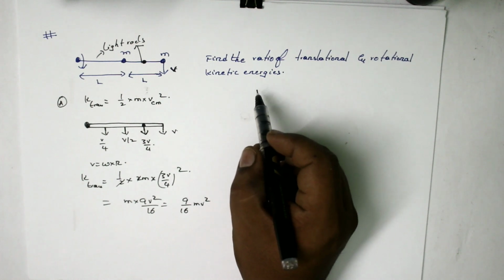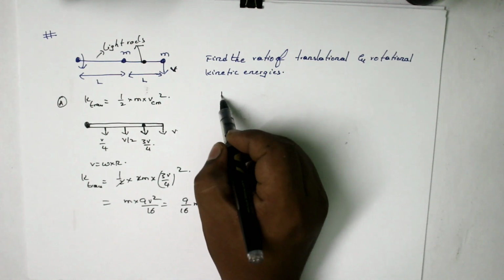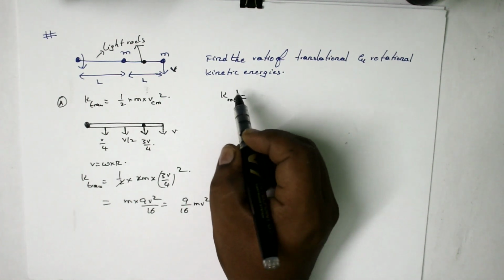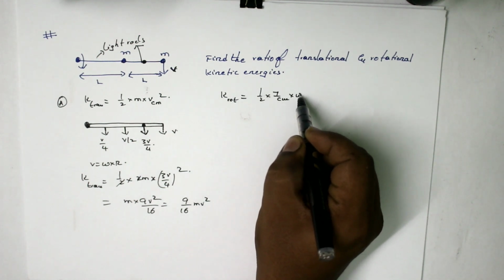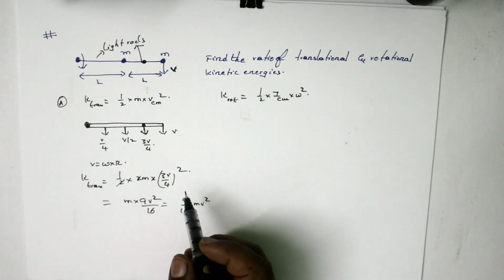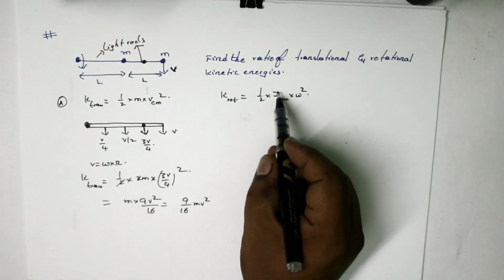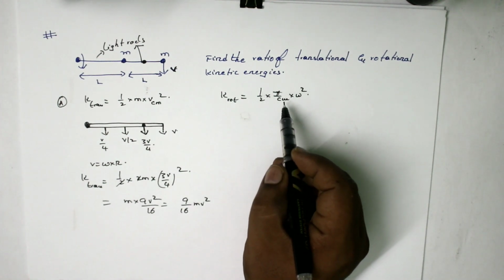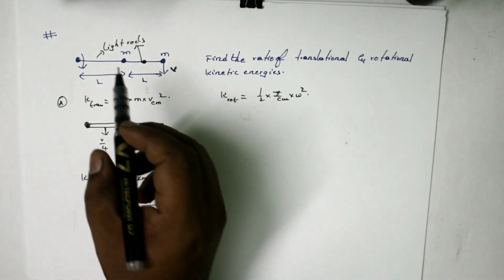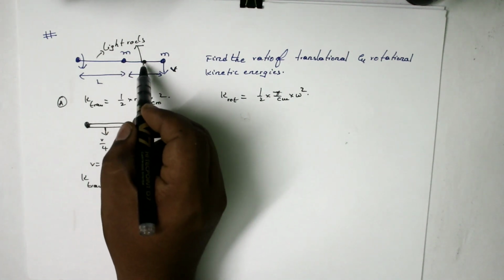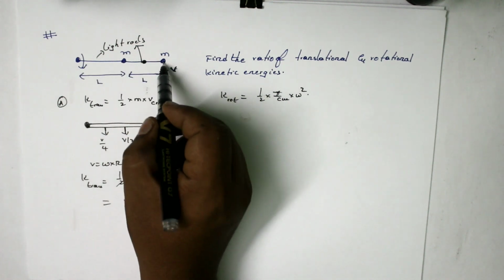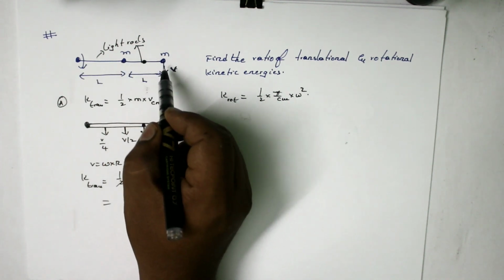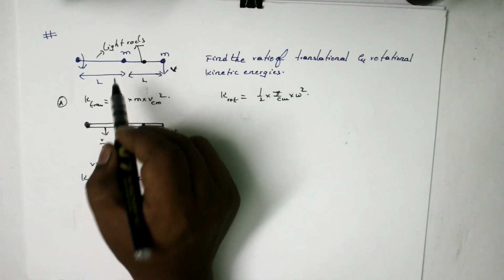Similarly, now we are supposed to find the rotational kinetic energy also. So rotational kinetic energy is half into I center of mass into omega square. Now what about the center of mass of this rod? The center of mass is exactly at the middle, at a distance of 3l by 4 from the axis, and for these two masses it is at a distance of l by 2 and l by 2.